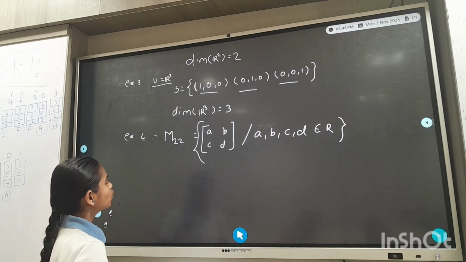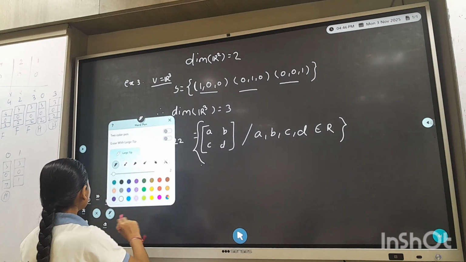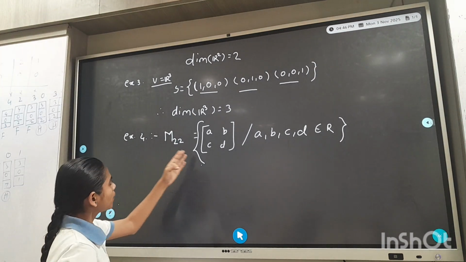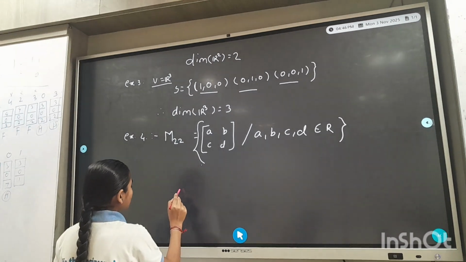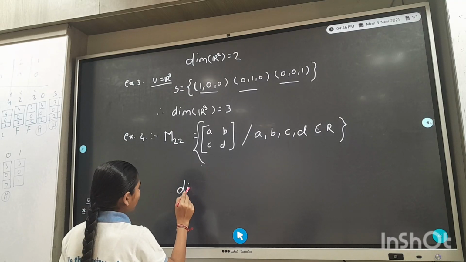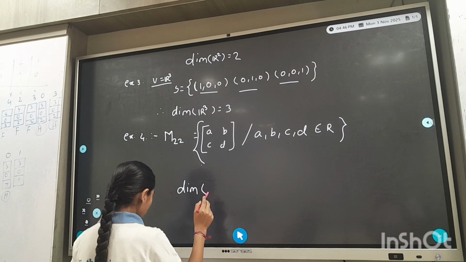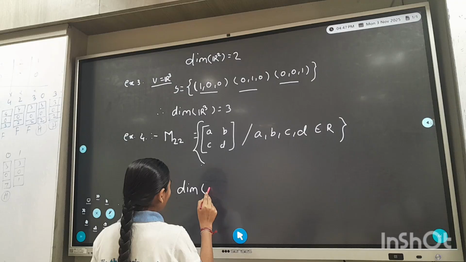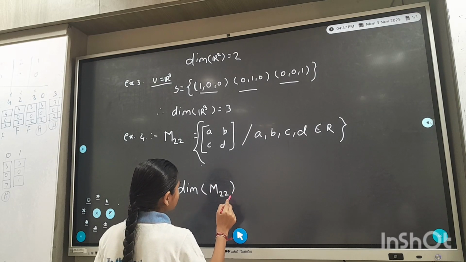So the elements of a 2 by 2 matrix are 4. Therefore, the dimension of a 2 by 2 matrix is equal to 4.